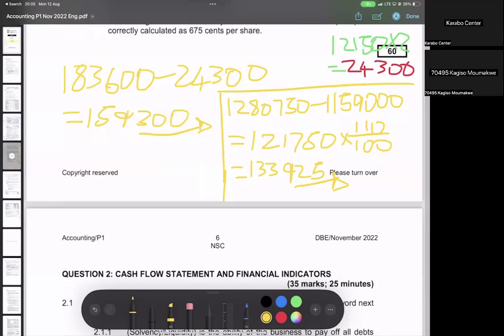So now we have to calculate the non-current portion of the loan, which teachers call the mortgage loan. This is how you calculate your non-current portion of the loan.